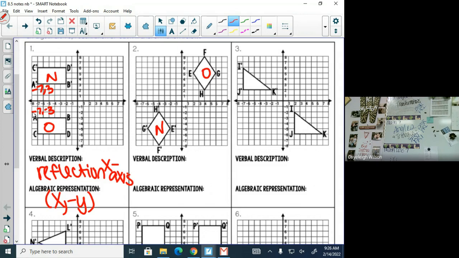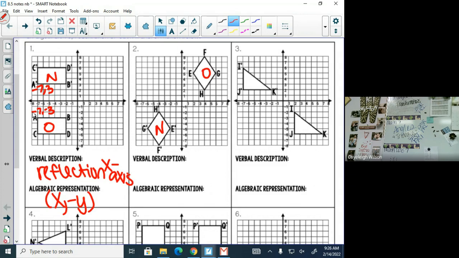If you look at it, the H is at the bottom, but now it's at the top. The G and the E are switched. The H and the F are switched, so I know that can't just be an up, down, left, right, because the vertices are not in the same spot. When we talk about translations, where it's up, down, left, right, the orientation of the letters does not change. They're always in the same spot. So that's how I can always first knock out a translation if the letters are in different orders.